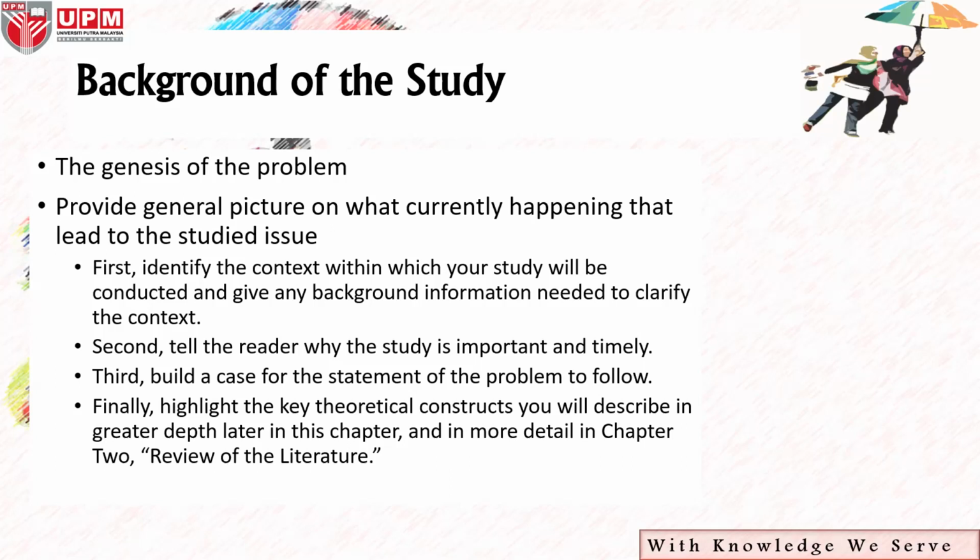For example, when you want to come up with grounded theory, because later on we are going to learn about designs under qualitative and quantitative. One of the designs under qualitative study is grounded theory. Since there is no theory in the area, your study is going to propose a new theory later on.